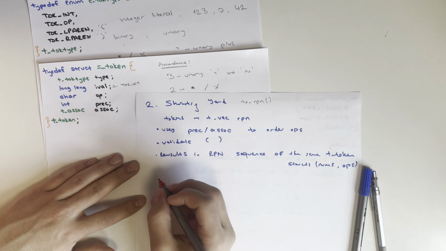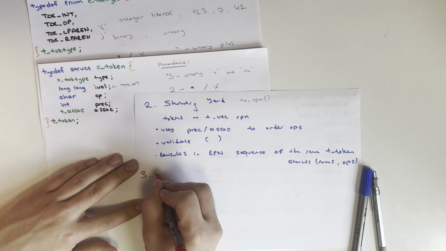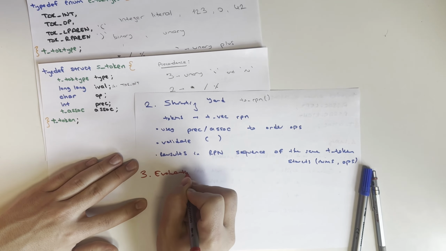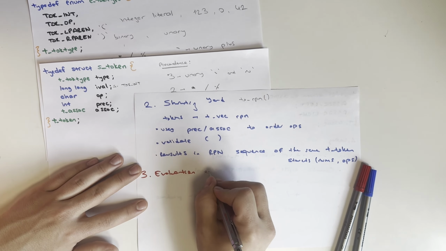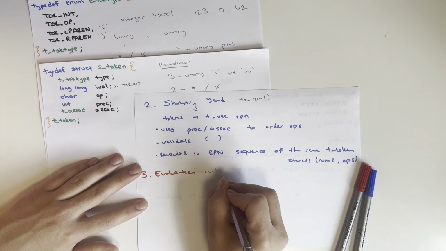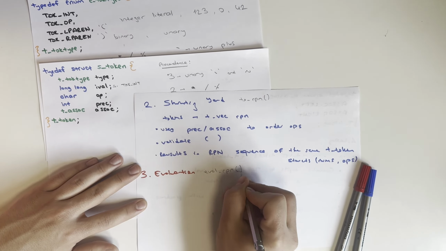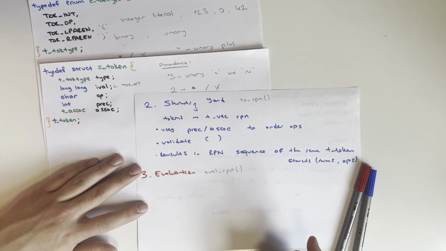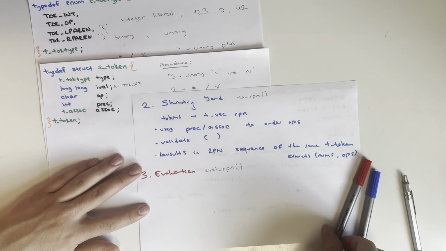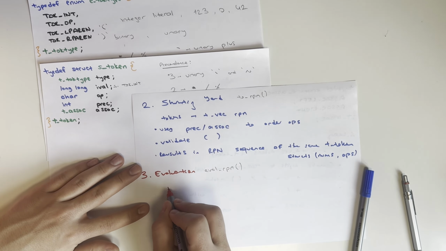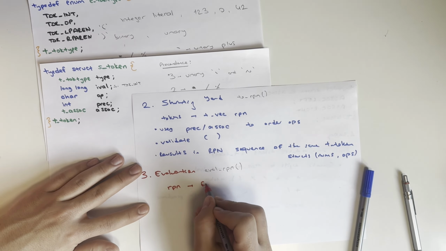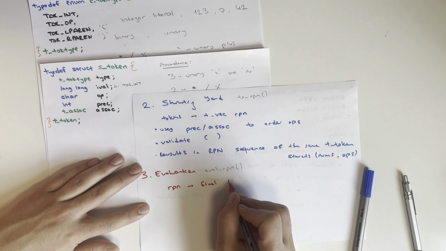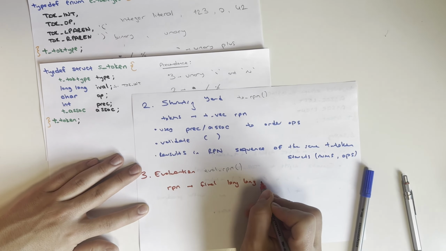And finally, we will have the evaluation. In the function, we will be calling it eval RPN, evaluation of the reverse Polish notation. RPN will be our final long result.